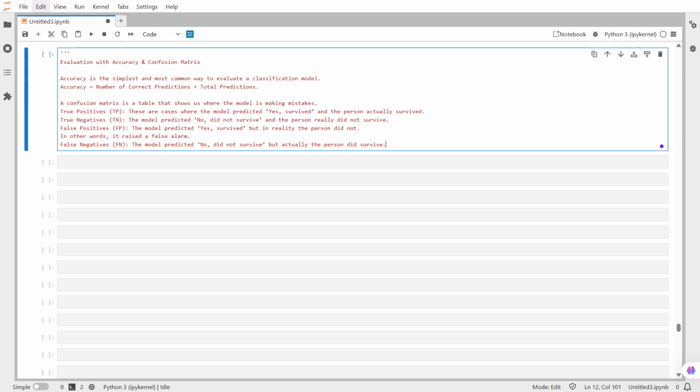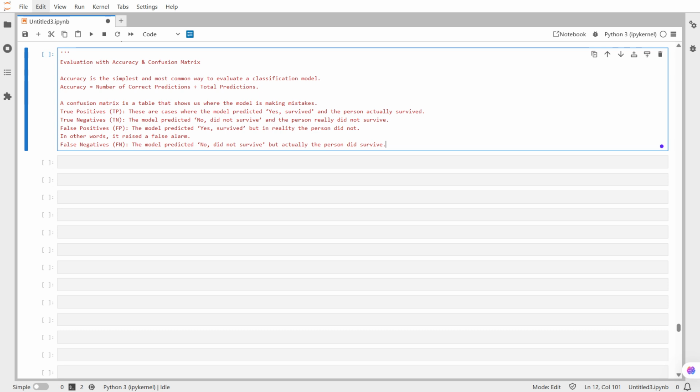Example: suppose we have 100 passengers. If the model predicts 85 correctly and gets 15 wrong, the accuracy is 85 divided by 100, which is equal to 85%. So accuracy gives us a quick sense of how often the model is right.